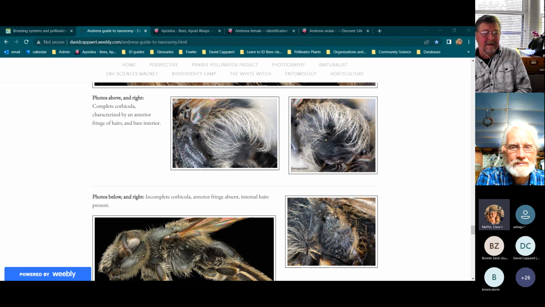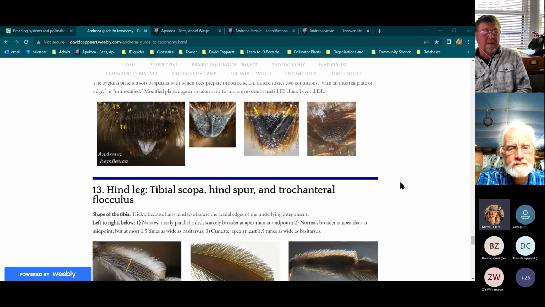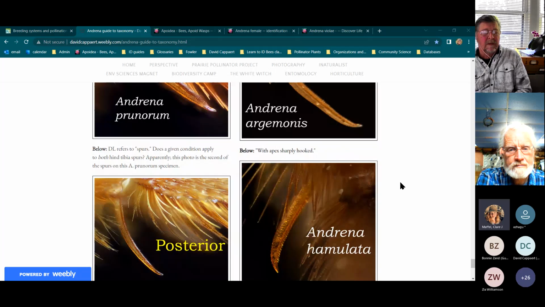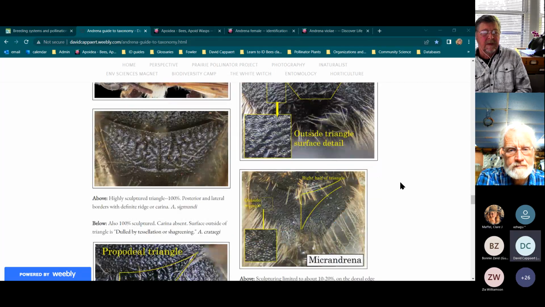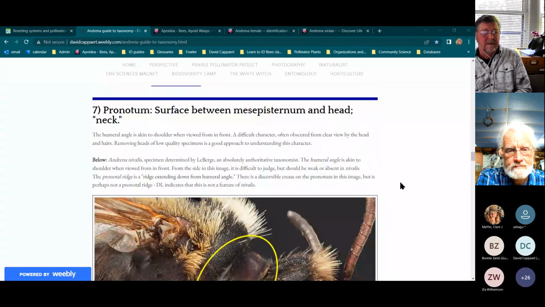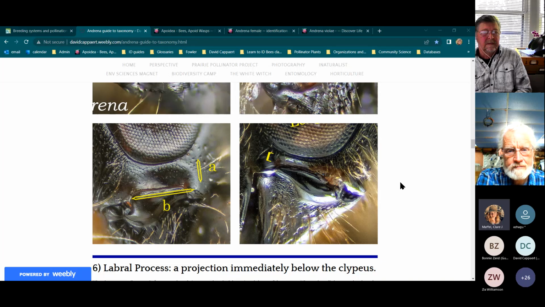And I've always been confused about the measurement of malar space, where it starts and where it ends. So while we have that question up here on the screen, I'm going to find the malar spaces, which maybe were up higher. Here we go.